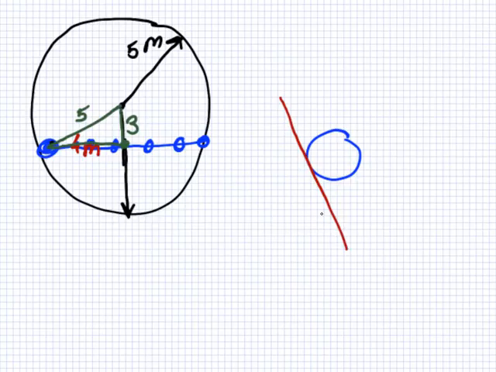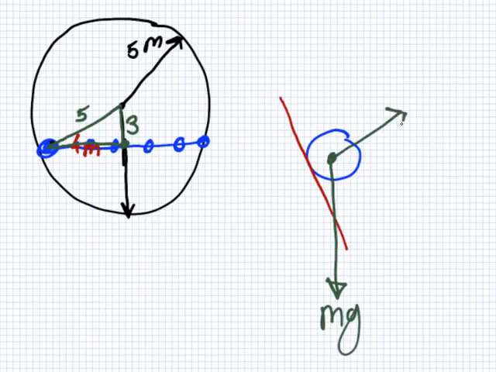And how many forces are here? There's only 2 forces. Why? There's the gravity, mg, and the reaction force here. The angle of this is this angle here, because this force points to the center.